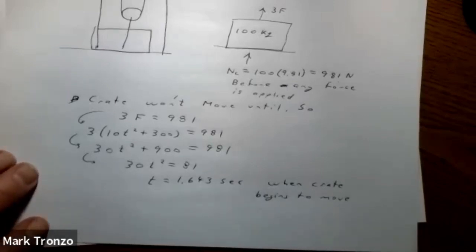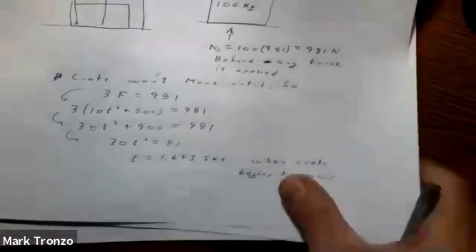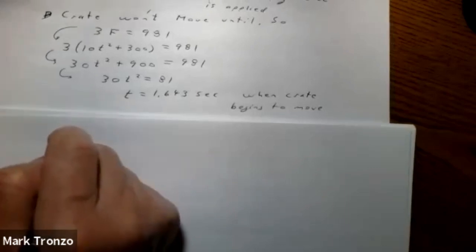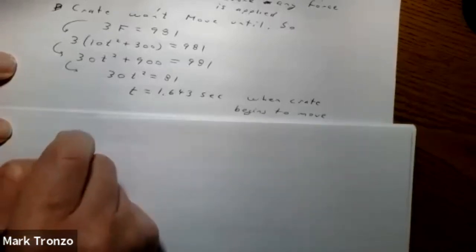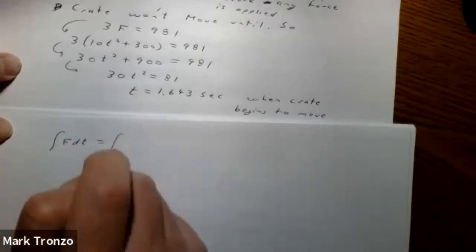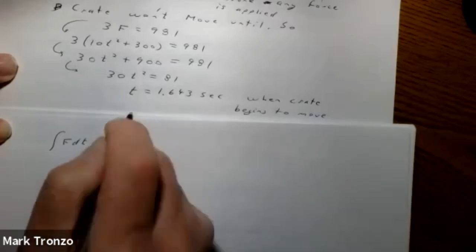So now we can start applying our M1 V1 equal M2 V2. And so let's first look at that integral. So just keep in mind what we're going to do is M1 V1 plus that impulse. So again, our impulse is going to be F delta T. And so we're starting to move at 1.643 seconds.